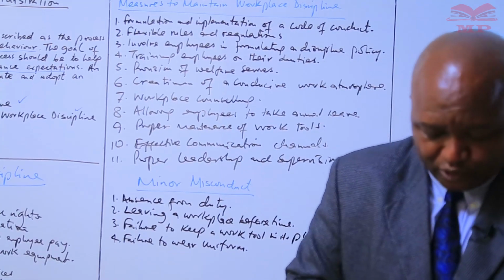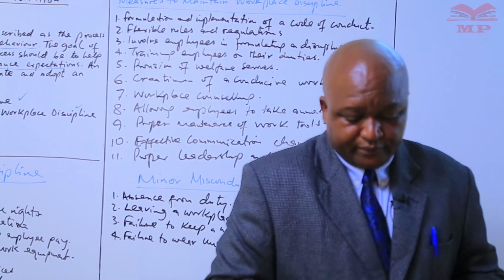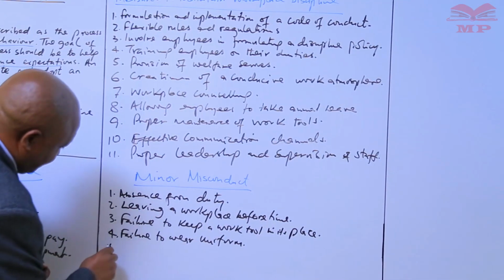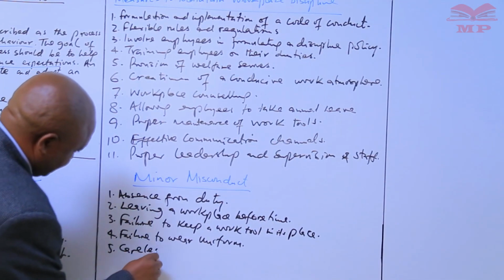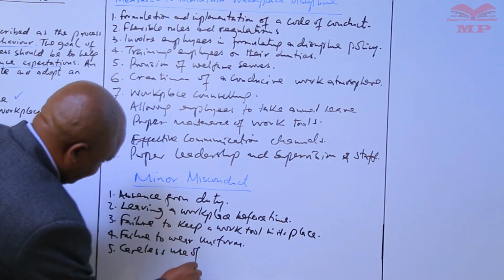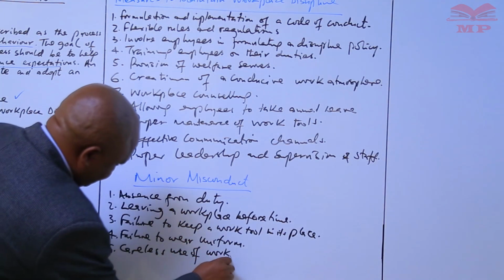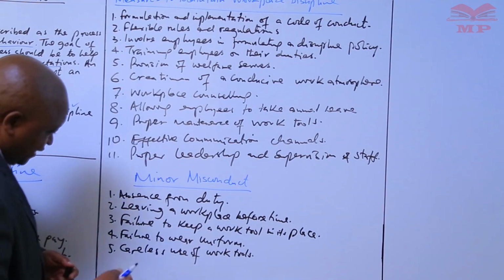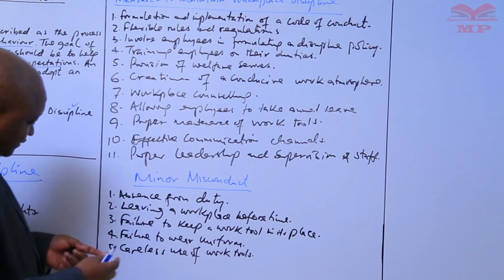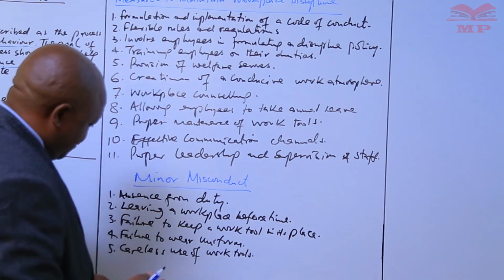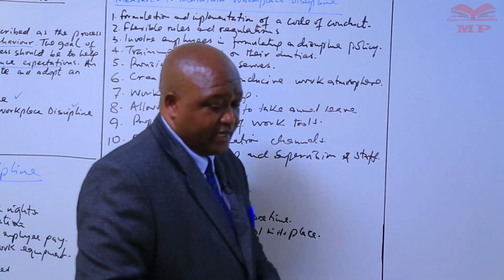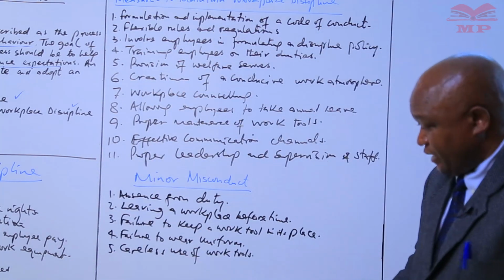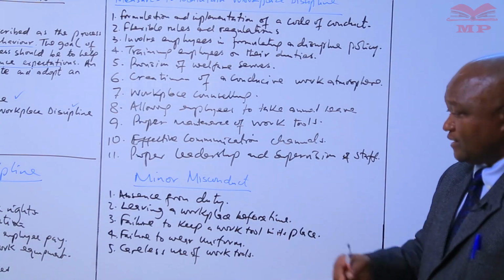And then there is also the issue of number 5, careless use of work tools. An employee who was supposed to use maybe a hammer or a screwdriver does not make use of that tool the way it should be used, and that could be construed as a minor misconduct.